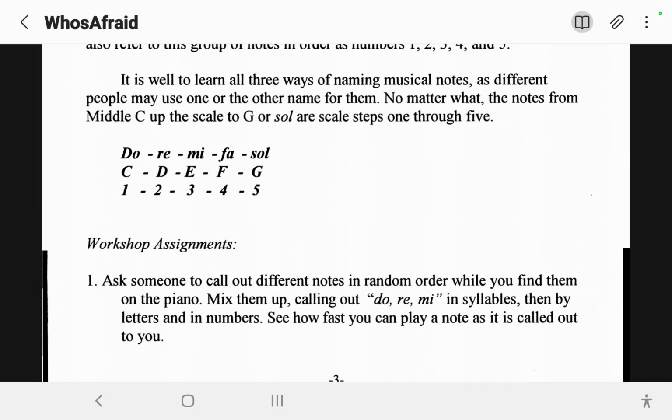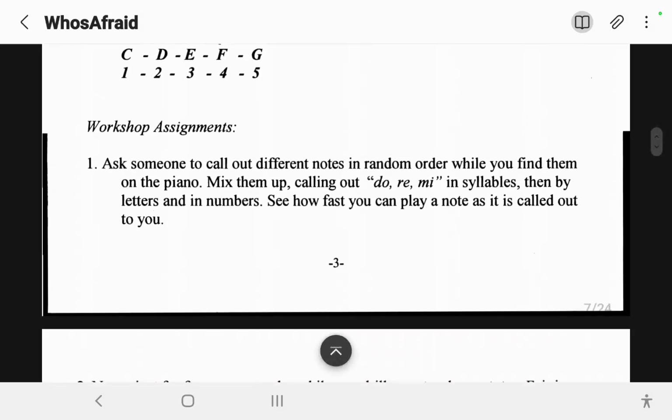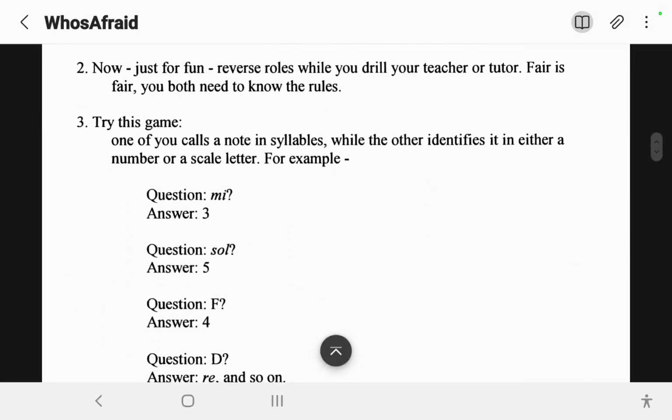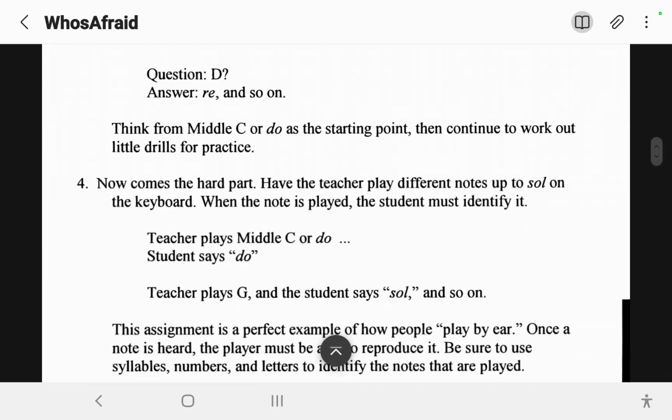Do, 1, mi, 3, sol, 5, 3, mi. Stuff like that. That's an example of how that would work with the metronome. The teacher would say something on one beat, the student would say either the number or whatever is requested on the second beat.